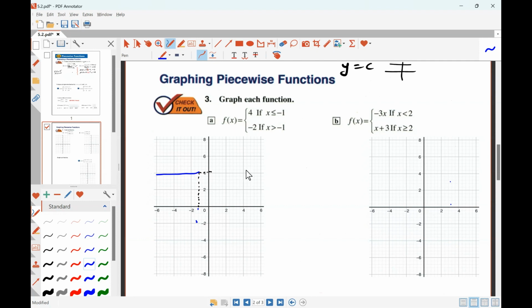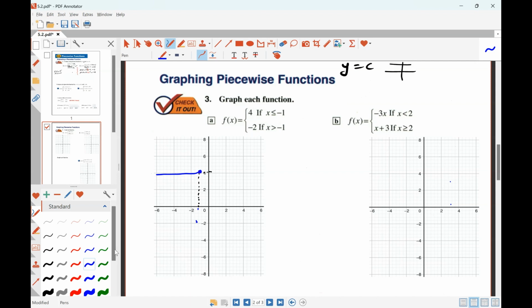I won't be graphing 4 from negative to positive infinity. It's not extending in both directions. There is a restriction. This is only true for x values less than or equal to -1. So we have to start graphing from -1 and graph the left side of -1. The left side of -1 will be represented by y equals 4.